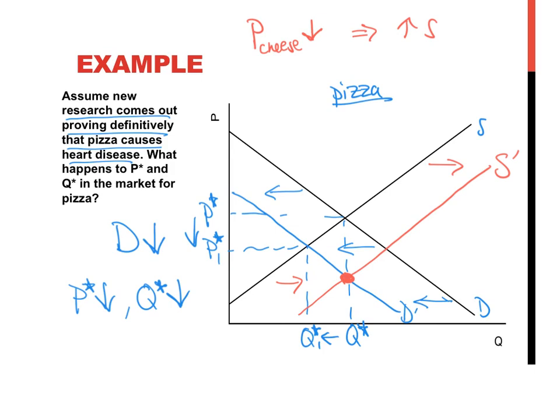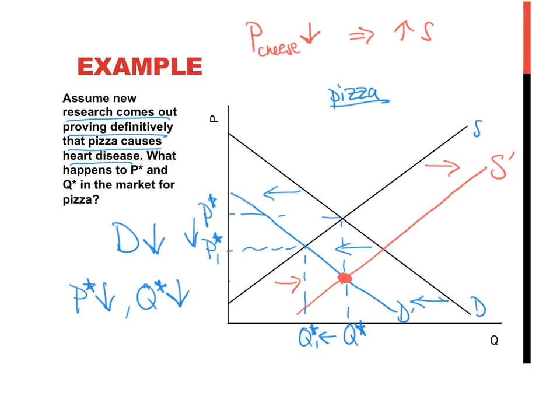And so the way I've drawn it here, it looks like that price has fallen even further and quantity hasn't changed from the original quantity. However, we can't be sure because we don't know by how much demand has shifted and how much supply has shifted.